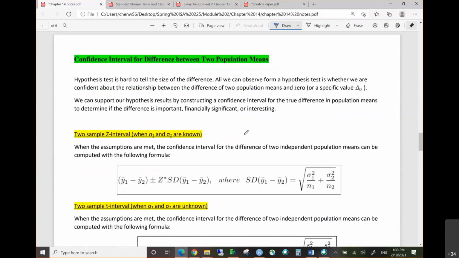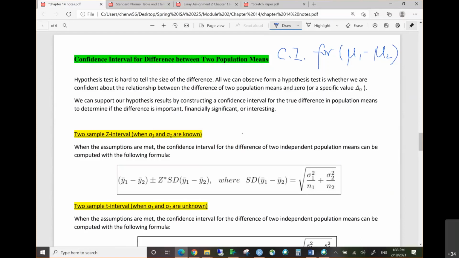Right? Then we can get the confidence interval for the two population means. That means we can get a confidence interval for mu1 minus mu2. Right? I do not have my own idea to test. I just want to know how large the difference will be. Right? The difference will be between maybe 5.5 and 10.5, something like that.